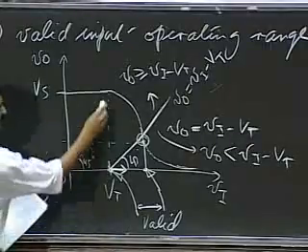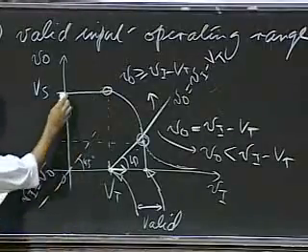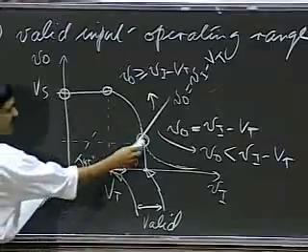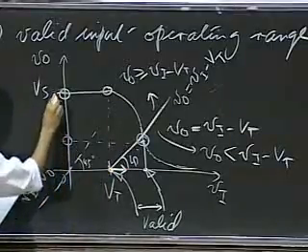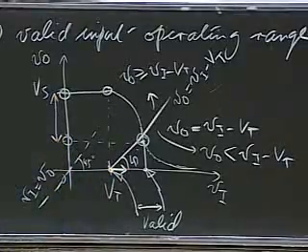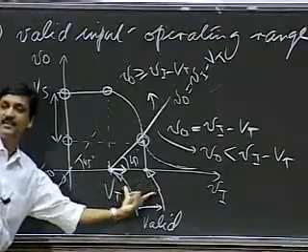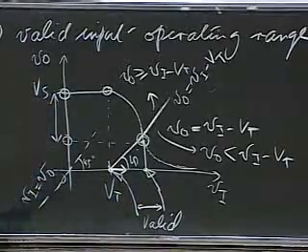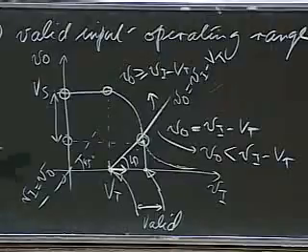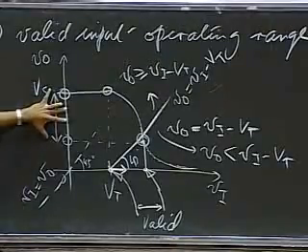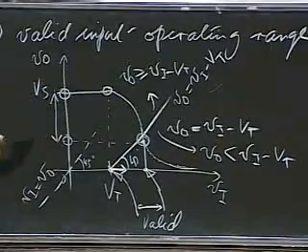And correspondingly, the outputs are from here to this point to here, like so. So this is my valid input operating range, and this is my valid output operating range, or the corresponding valid output operating range.